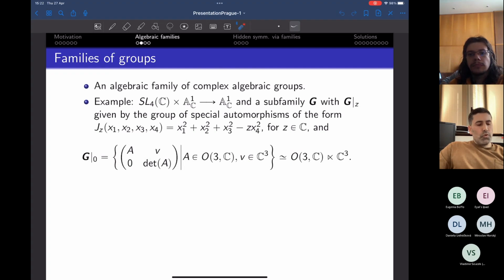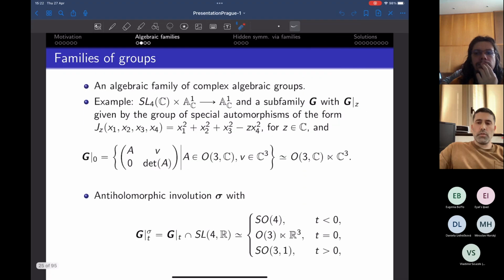Again, for families of groups, there is also a notion of anti-holomorphic involution and the corresponding real forms. The anti-holomorphic involution here is again given by entry-wise complex conjugation.